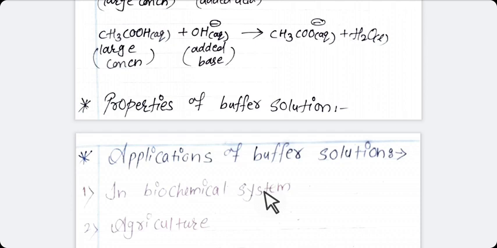In biochemical systems, the pH of blood in our body is maintained at 7.36 to 7.42. A change of more than 0.2 pH unit can cause death.